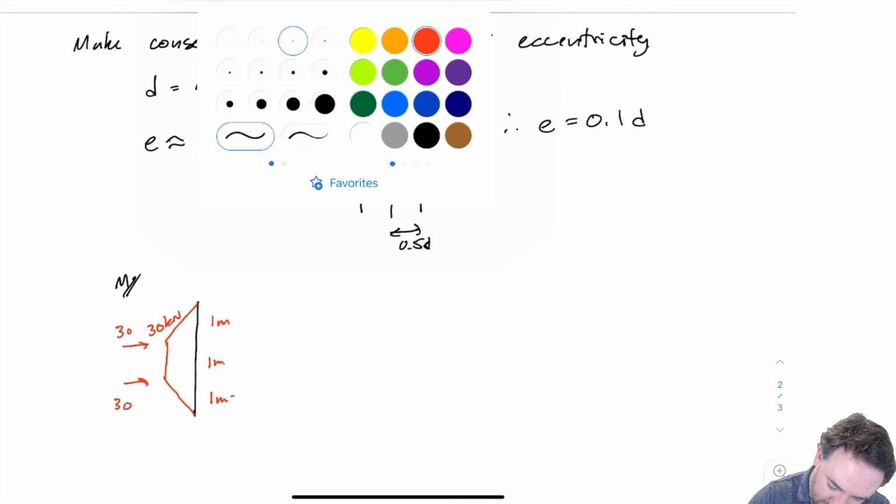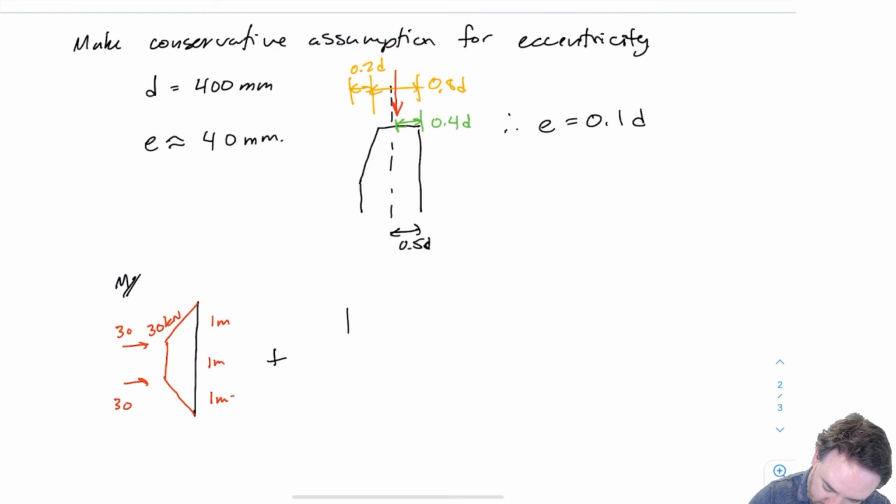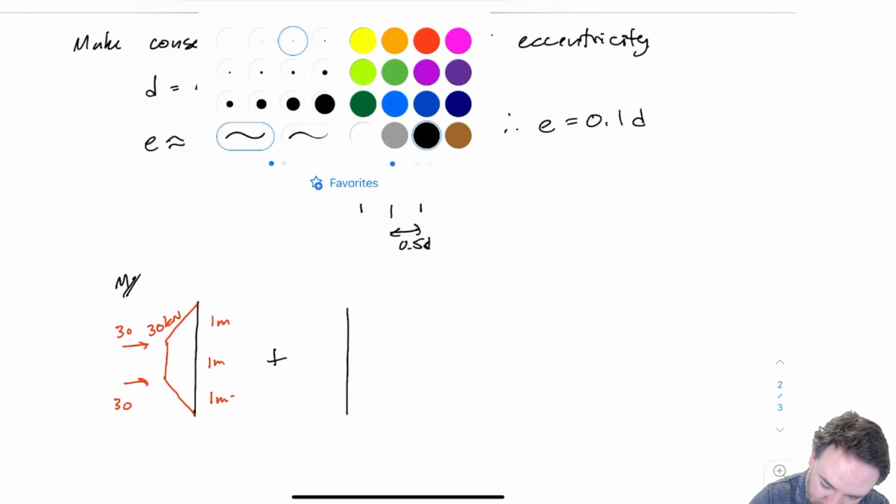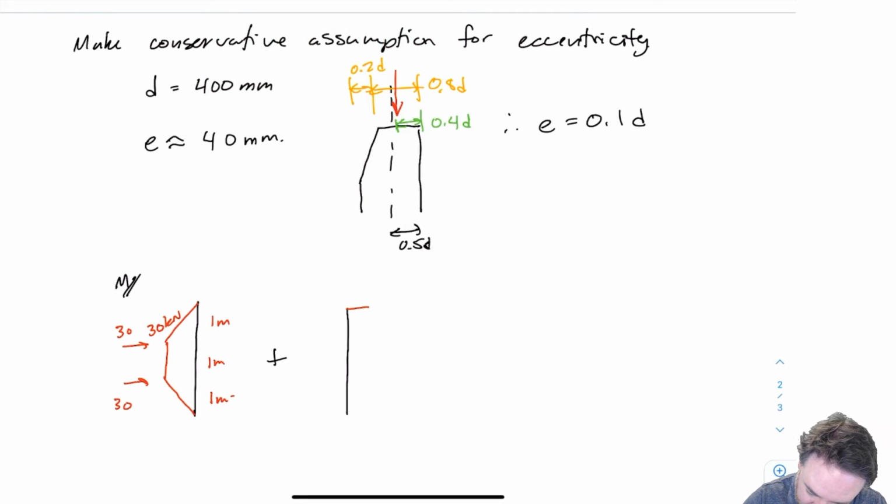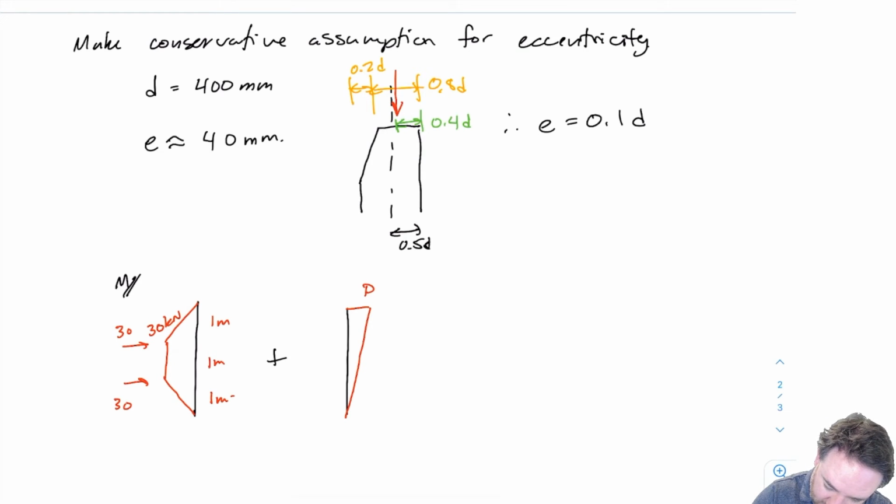And then the other part of the moment is from the eccentricity. And remember, the moment that is caused is the load times the eccentricity, right? So this is going to be P times E, which in this case is going to be the total P, which we said was 488 kilonewtons. We're going to multiply that by 40 millimeters, so that's 0.04 meters.